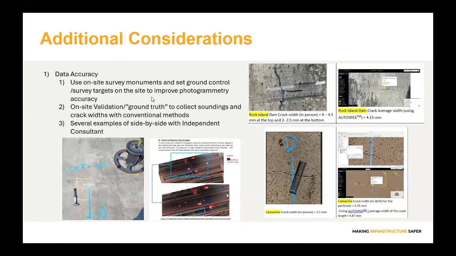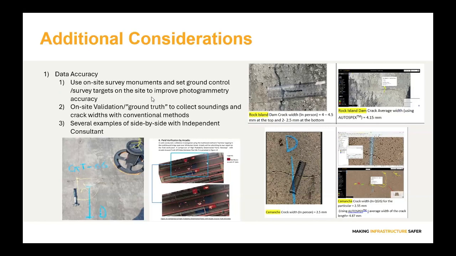James mentioned on-site monuments and ground control. It's really important when you're building a high resolution photogrammetric model to do that. Generally speaking, as James mentioned, the limitation on the drones in terms of the global positional accuracy is the GPS. And so in the best case scenario, you're getting plus or minus 3 centimeters of positional accuracy, and your photogrammetric models are going to be impacted by that.